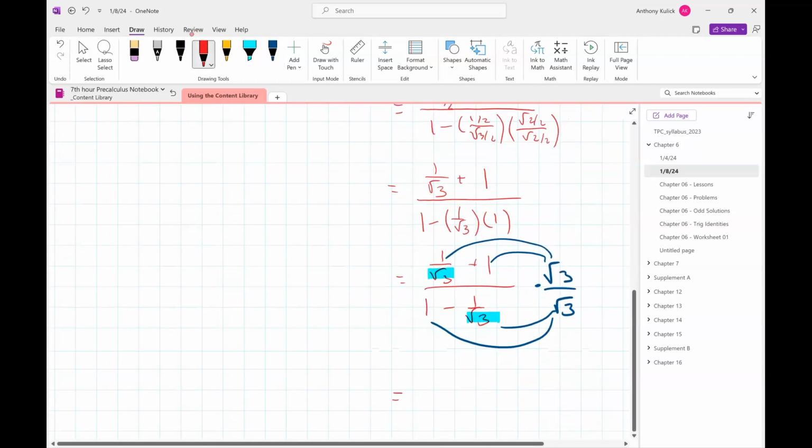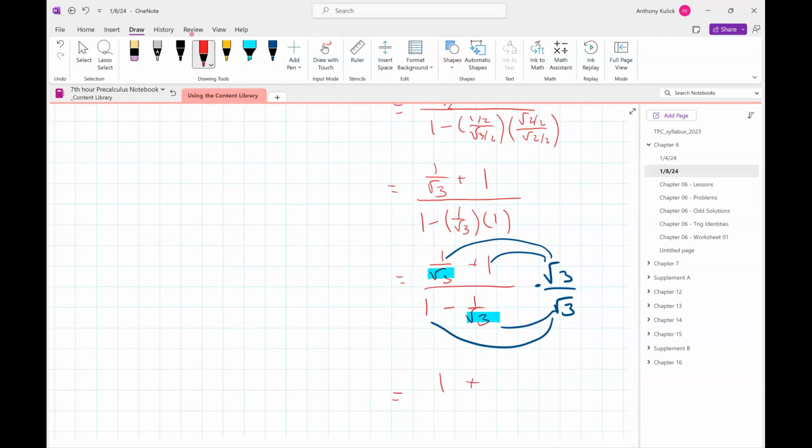So 1 times 1 over square root 3 just becomes 1. And then 1 times root 3 is just root 3. So I have the same thing going on there. So now I've eliminated the fraction inside a fraction issue that I had. But I still have a radical in the denominator of my fraction, right?